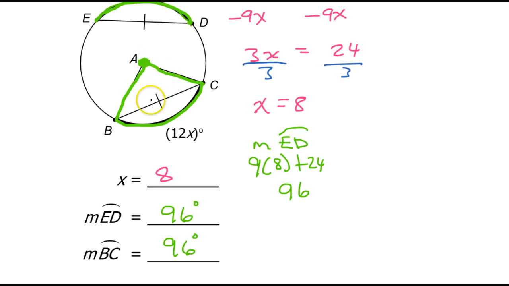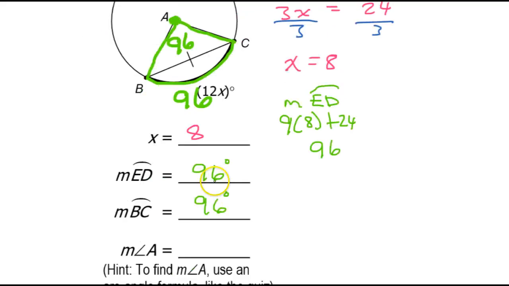And we have learned that when the vertex is at the center, the angle and the arc are the same. So we just said that the arc is 96 degrees. So if the arc is 96 degrees, guess what? The angle at the center will also be 96 degrees.